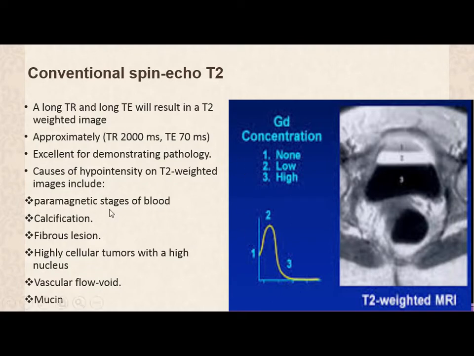They are the paramagnetic stages of blood like hemosiderin, old blood, calcifications, of course they appear hypointense on T2, fibrous lesions, highly cellular tumors like for example lymphoma, they have a large nucleus, small cytoplasm, so a little bit of water, not much water, small amount of water, so they appear hypointense, flow voids, vascular flow voids, of course they appear hypointense, and mucin.